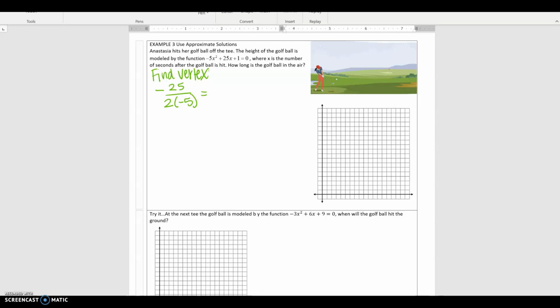And do that in your calculator, and you get positive 2.5. Plug 2.5 in. And you get 32.25. So our vertex is 2.5, comma 32.25.